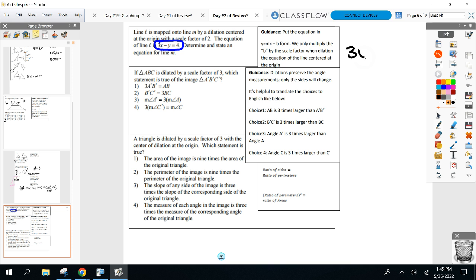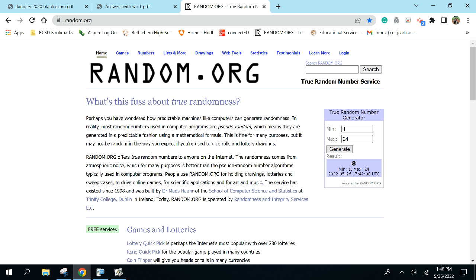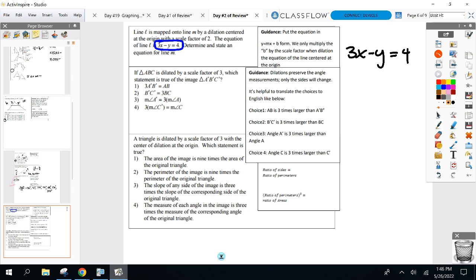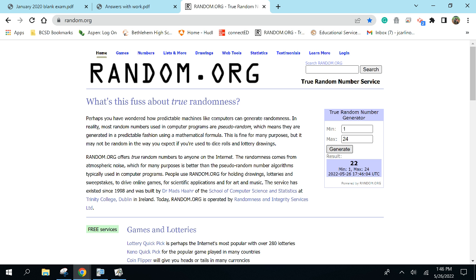First thing I want to do, get this into y equals form, so I know what the slope is and the y-intercept. First move, get in y equals form. Subtract 3x, good call. Negative y equals negative 3x plus 4. That's not good enough because I have negative y, so how do you want me to get rid of the negative in front of the y?